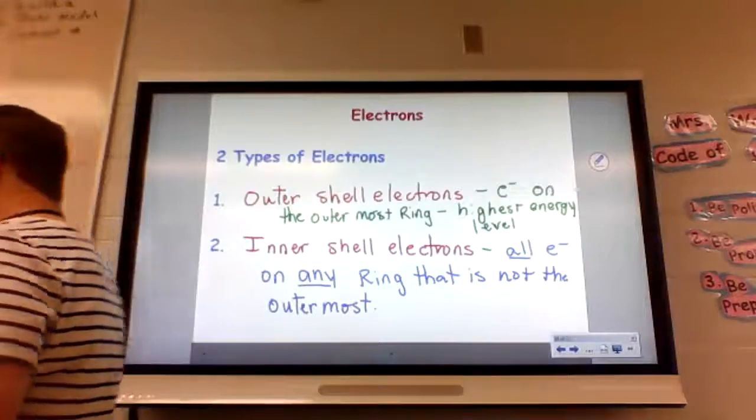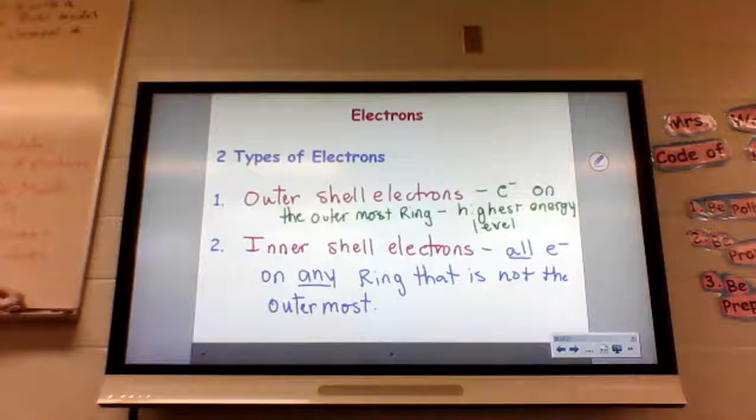So for the inner shell, there might be one that's the inner shell, or there might be two or three. So I've told y'all that you're all going to be drawing or building different atoms. There will be a couple of you who duplicate in the room. So if we have an atom that has three rings, the third ring will be the outer shell because that's the outermost. Well, that means the first and second ring are going to be the inner shell.